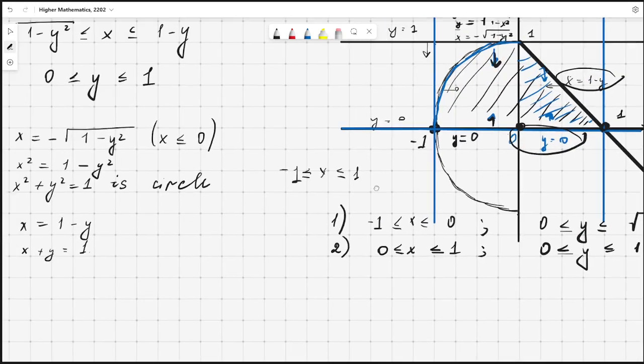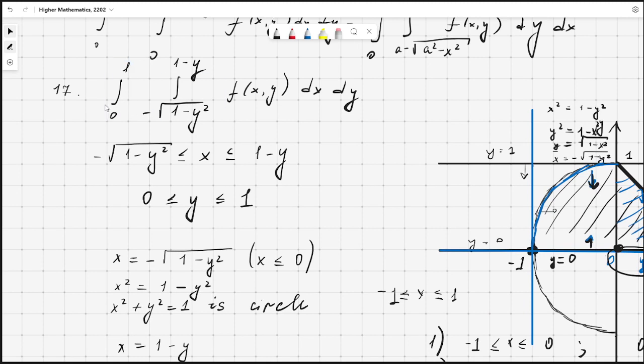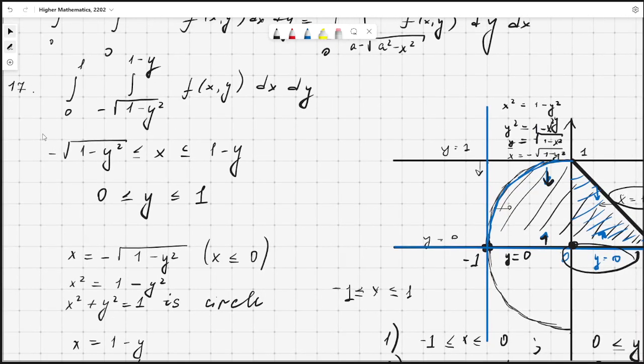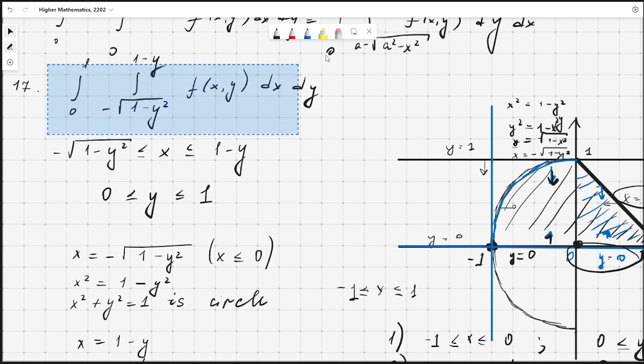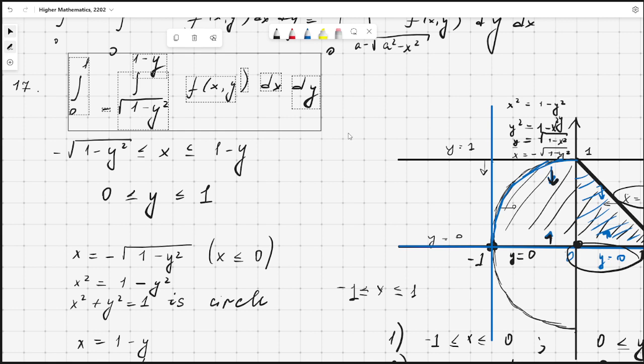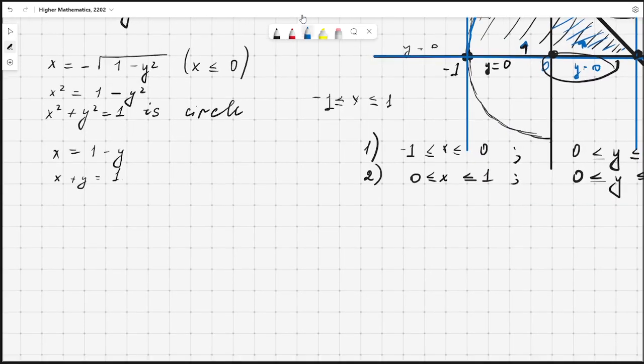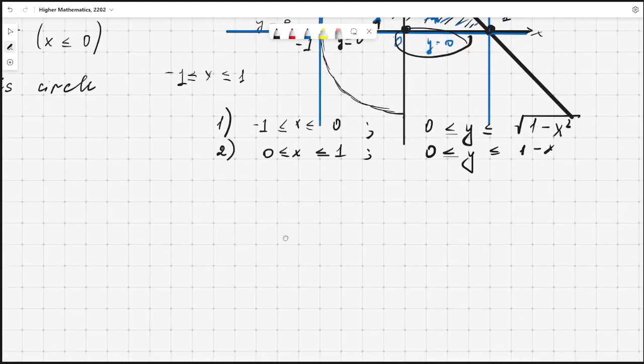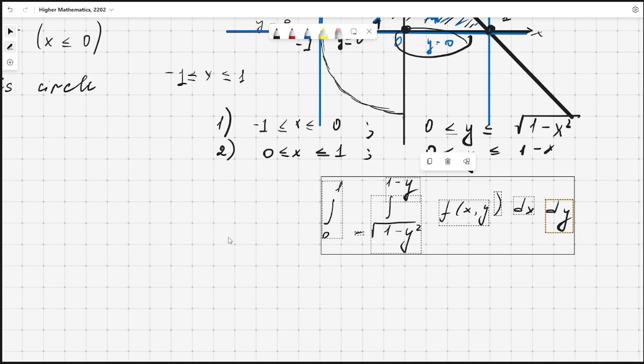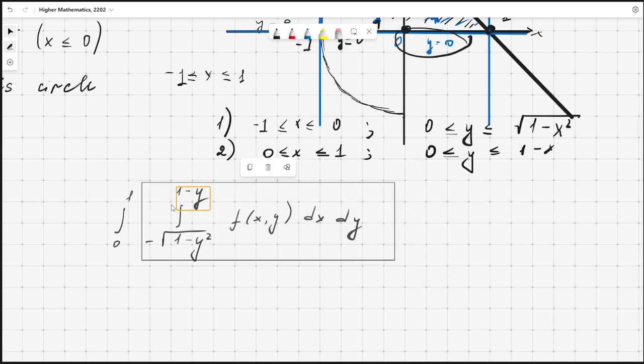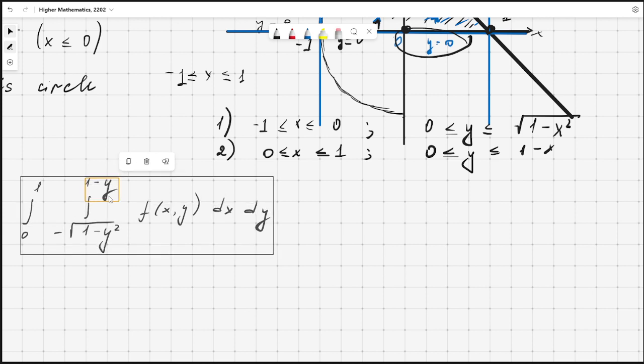And our integral will be equal to the sum of two integrals.